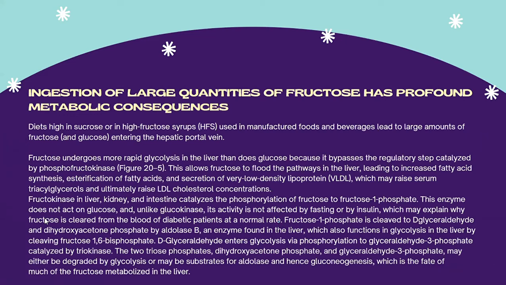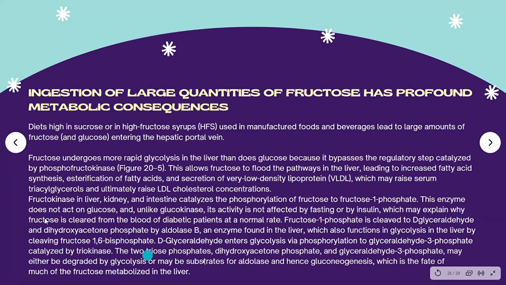Then fructose 1-phosphate is cleaved into glyceraldehyde and dihydroxyacetone phosphate by aldolase B. This is glycolysis. It is an enzyme found in the liver, which also functions in glycolysis in the liver. And so on.